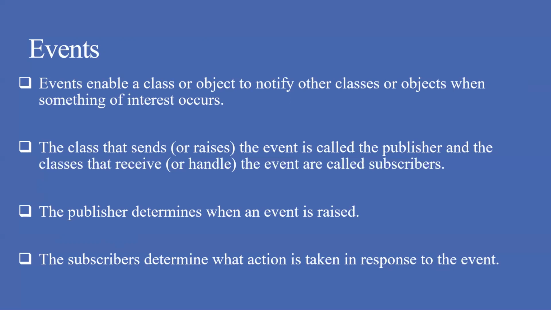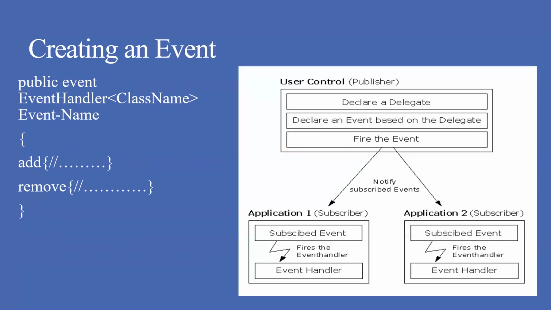The role of the publisher is to determine when an event is raised, and subscribers determine what action is to be taken in response to that event. Next is the syntax for creating an event and a simple example. On the left-hand side, the syntax is very simple. We write the access modifier, public, and the keyword event.